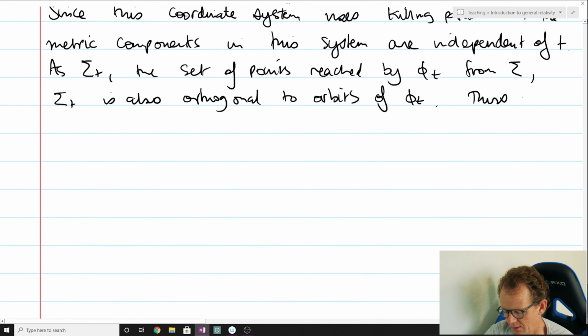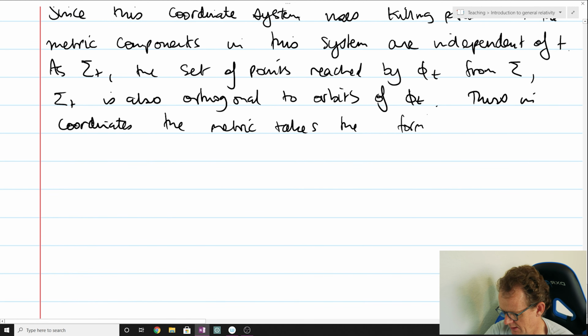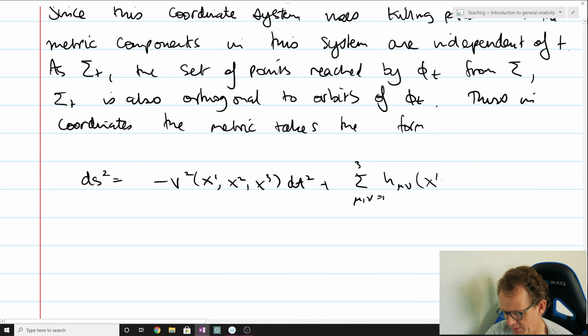And in these coordinates now, we can actually infer a bit of a simplification for the metric. The metric takes a very particular form, namely ds squared is minus v squared, something that depends on the coordinates of the hypersurface but not time, plus some spatial stuff which is decoupled, there's no space-time components.